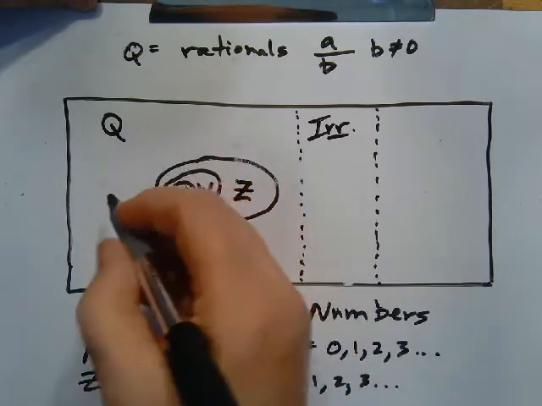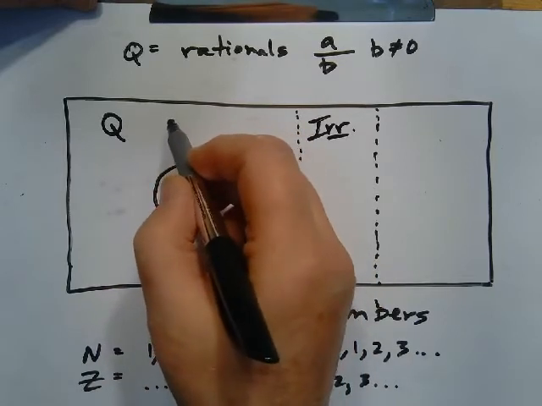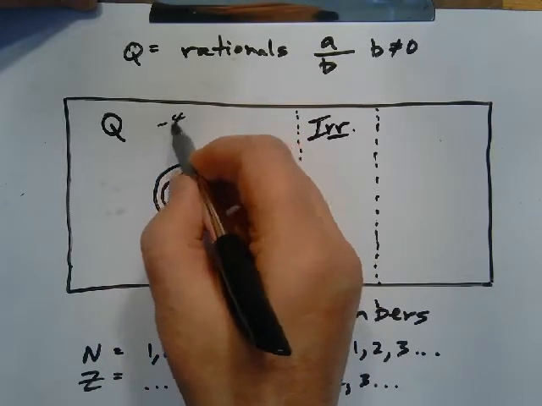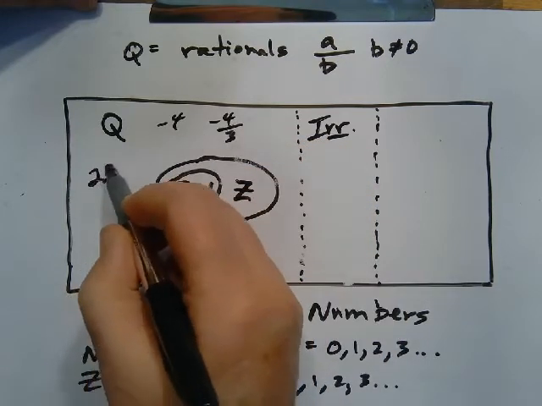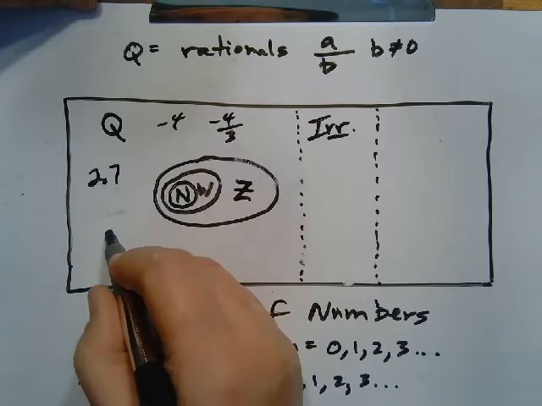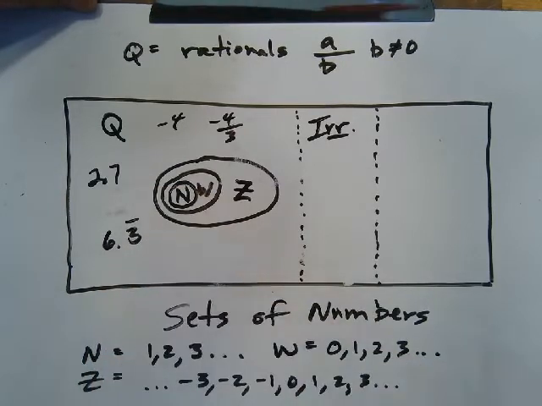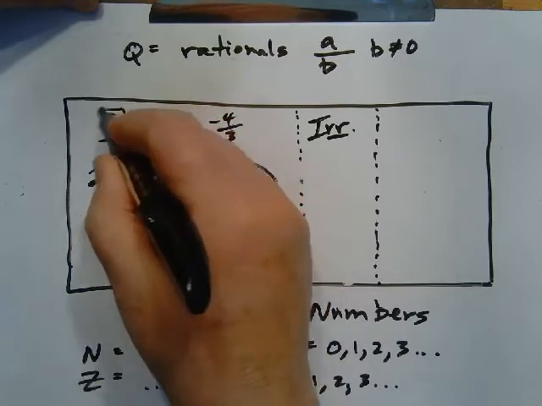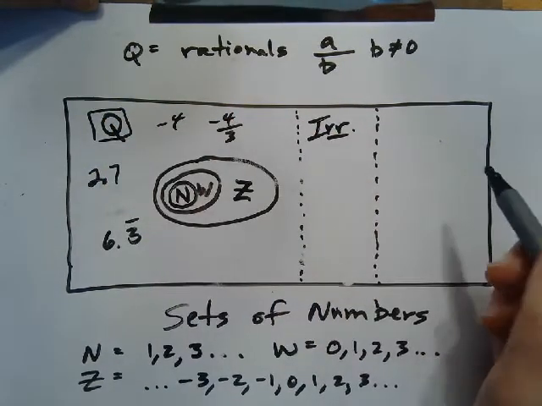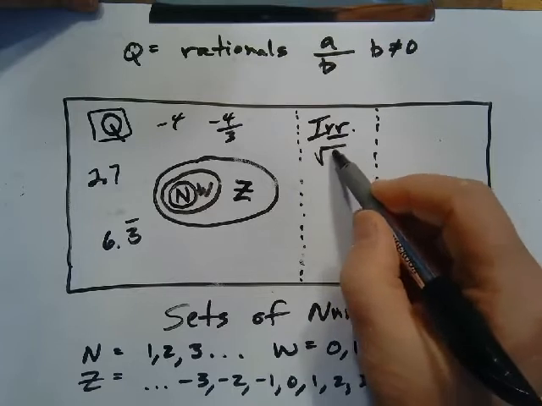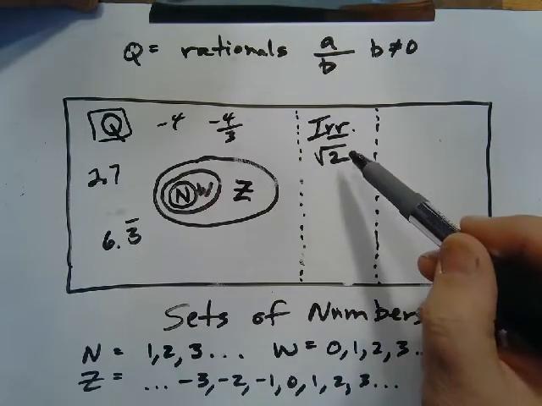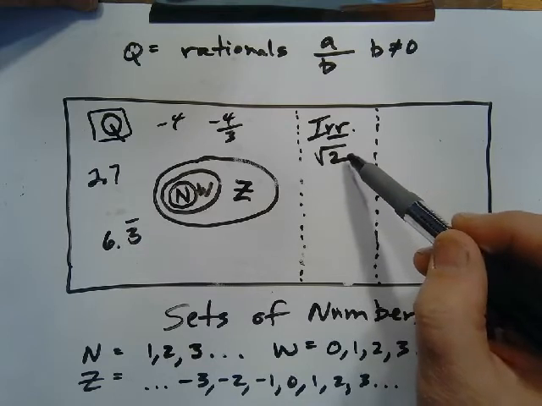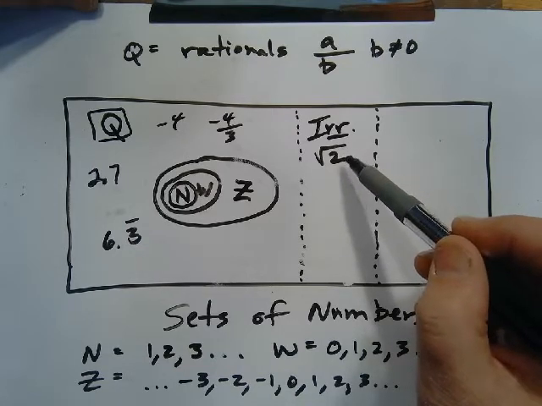Q, the rational numbers, are any number that can be written as a fraction, like -4 or -4/3 or 2.7. Or, you know, 6.3 repeating. Anything that can be written as a fraction is a rational number. And there's a lot of things that aren't rational. For example, the square root of 2. If you find the square root of 2 on your calculator, it will not give you a number that terminates or keeps repeating.